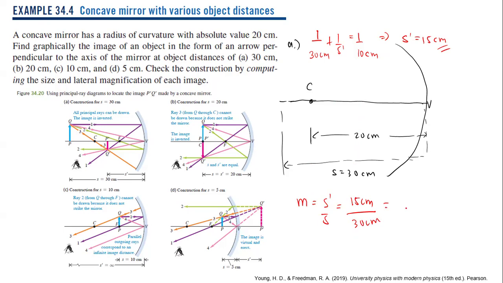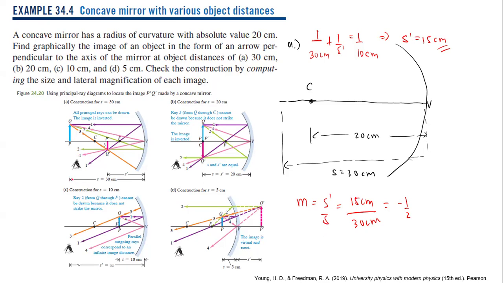So our lateral magnification is 1/2. Can we get the height here? So I don't think we can get the height. Two unknowns. Okay.